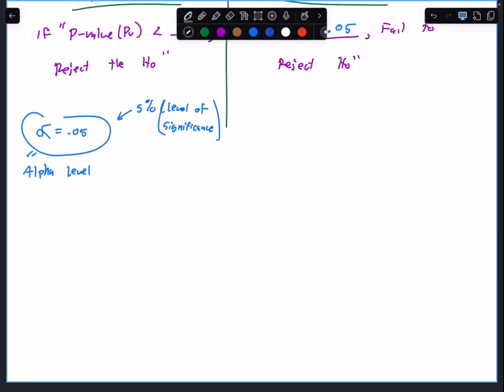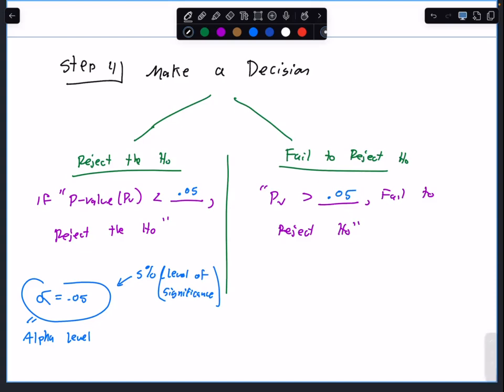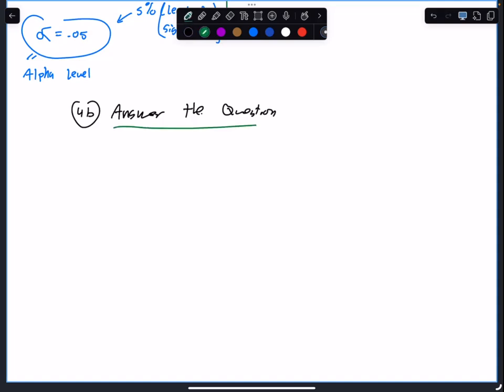And then, to finish step 4, this I would call step 4A, and step 4B would be to answer the question. Is there evidence that they're lying? Is there evidence that they're telling the truth?